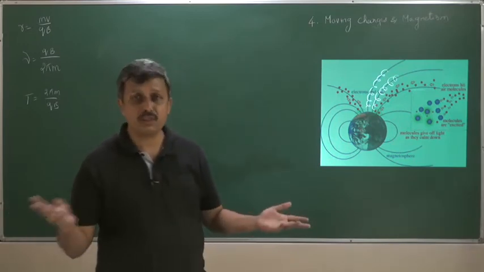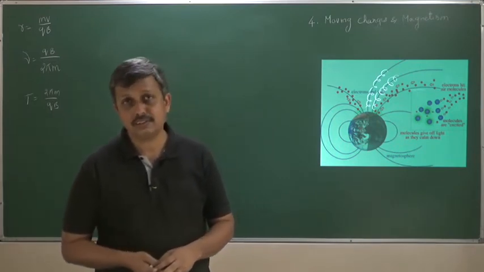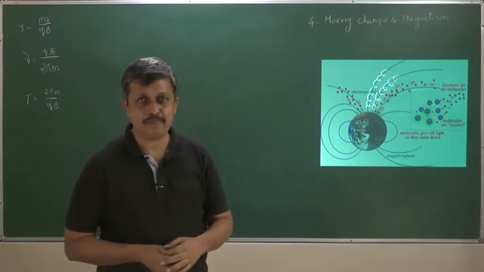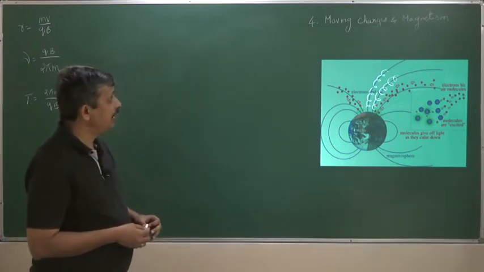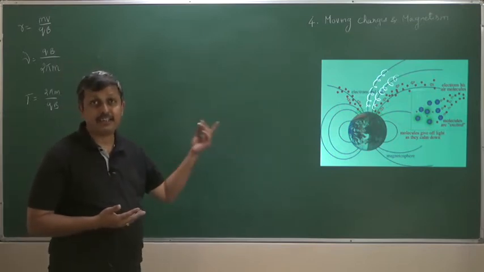That is when you see Aurora Borealis. If somebody asks you to explain Aurora Borealis, you should be able to explain every step of this. That is basically moving charges in a magnetic field.